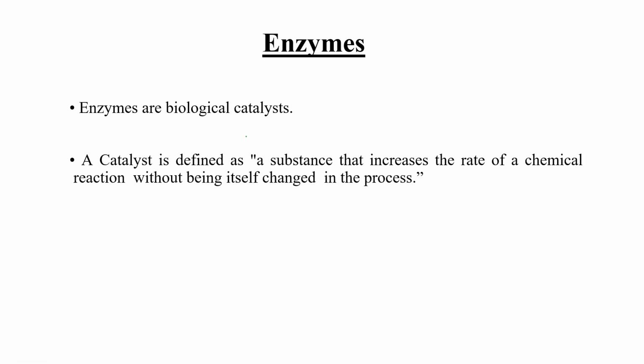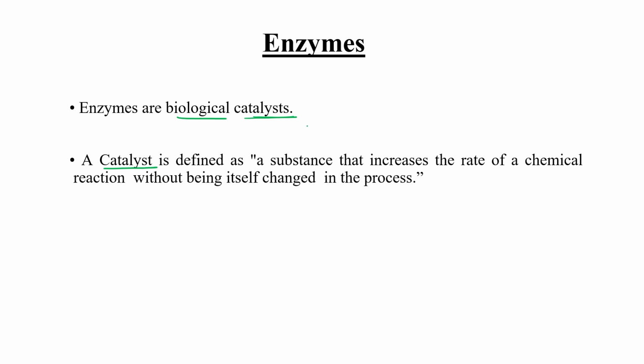So, let's start. As you know, enzymes are biological catalysts, which means they speed up a particular type of reaction. They are different from chemical catalysts in that they are not able to work at high temperature or if the pH is altered.